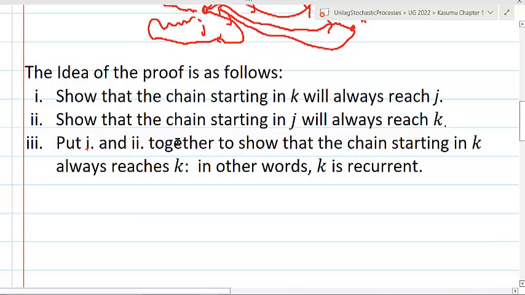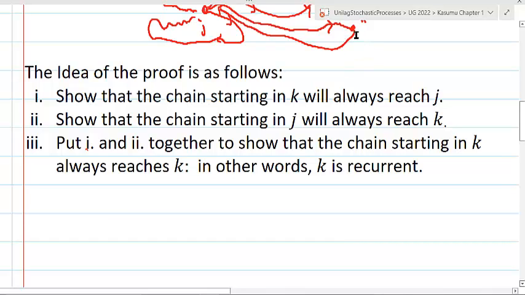All right, so the idea of the proof is as follows. It's always good to have an outline of your proof to know where your reasoning is going. First of all, we want to show that if the chain starts in K, it will always reach J. So if I start here in K, it's always going to get to J. Then I want to show that the chain starting in J will always reach K. So I know if I start in K, it will always get to J. But if I get to J, I will always get back to K. What does that mean?